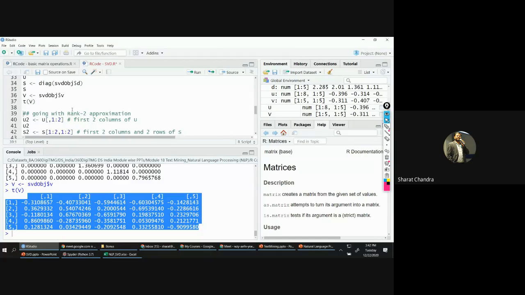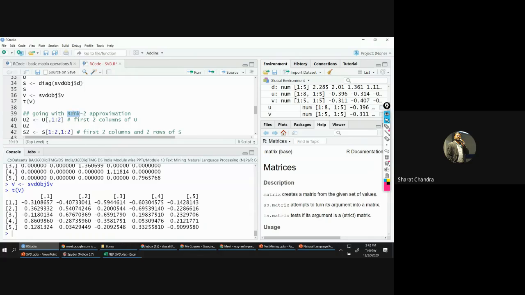Now, dimensionality reduction is applied by approximation. So here we are doing rank 2 approximation. When I say rank 2 approximation, we are taking the first 2 columns of U. Then we are taking your diagonal matrix, 2 rows, 2 columns, so you'll only take the diagonal values.